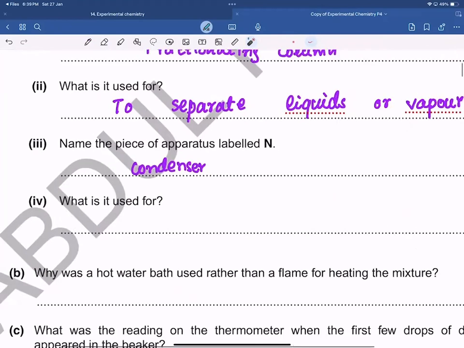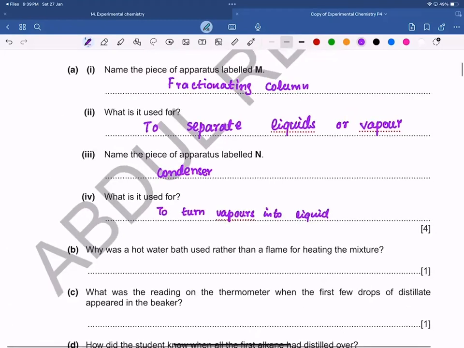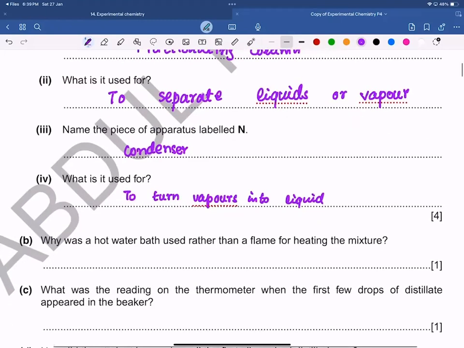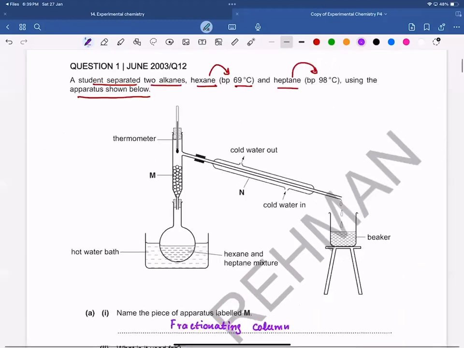Basically, that is the actual purpose: the vapors get cooled down and as a result, the vapors turn into liquid. To turn vapors into liquid.